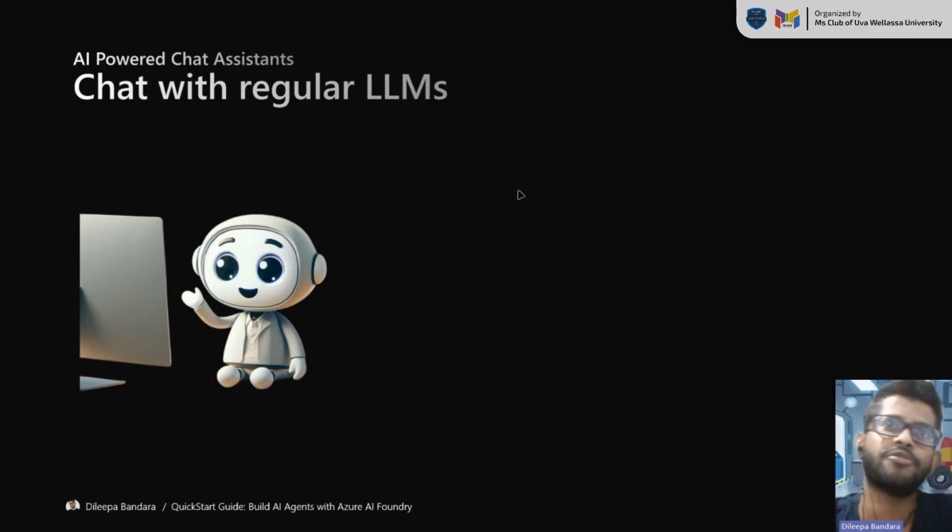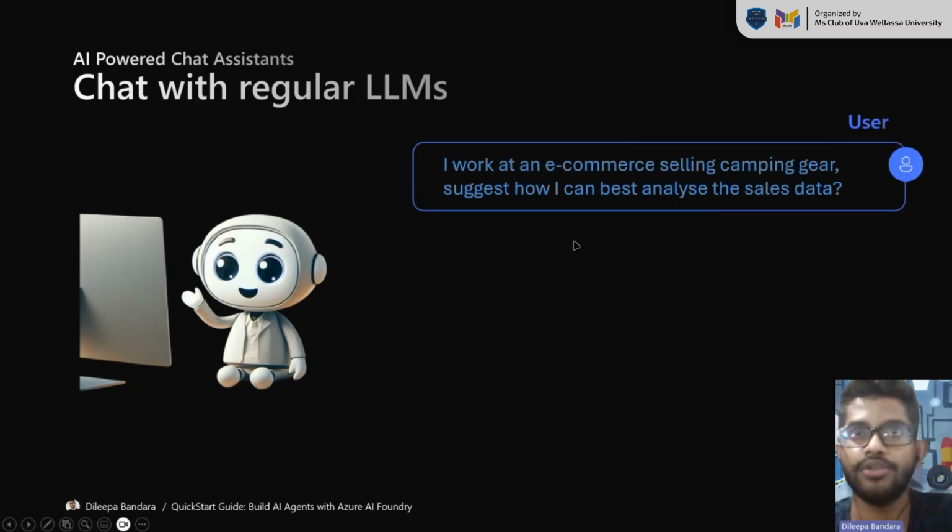If you remember these things earlier, and also right now, what we do as a user is give a prompt, a small message to the LLM, or in the case of these chatbots.